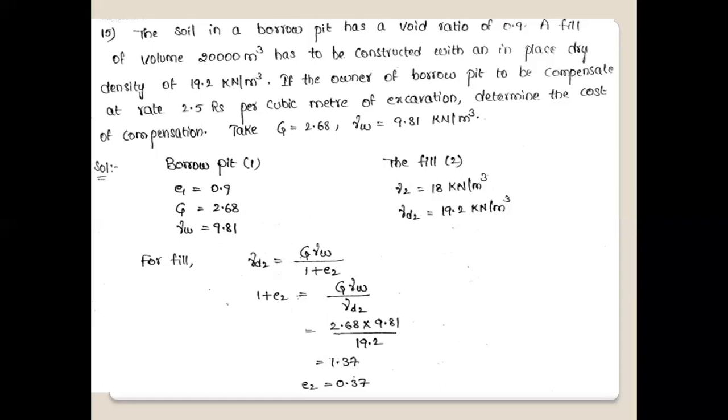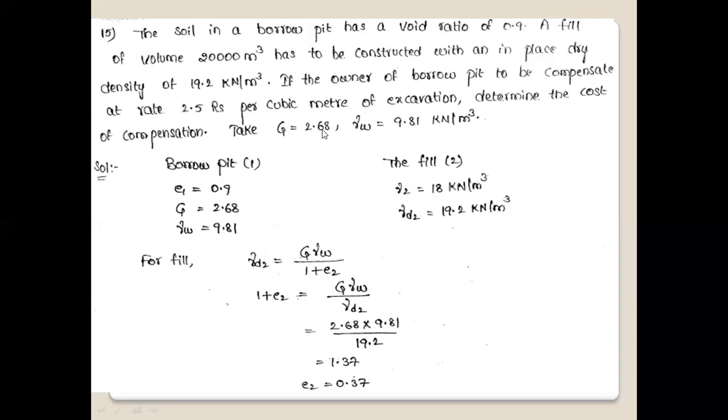So first we write the given data for the borrow pit and fill. For the borrow pit, E1, the void ratio, is 0.9.